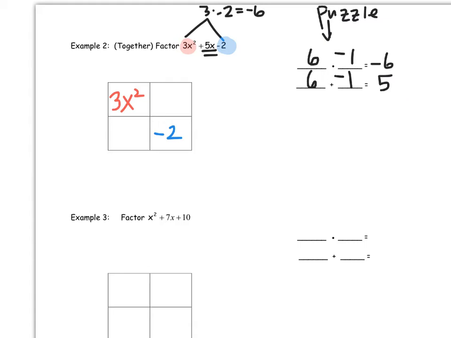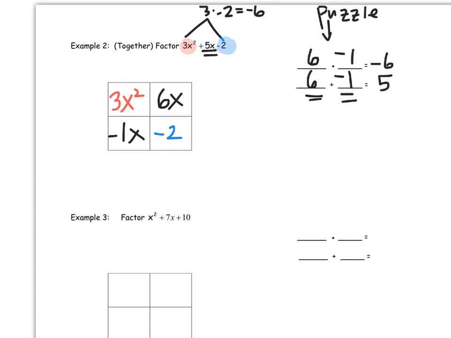So 6 times negative 1 is negative 6. 6 plus negative 1 is positive 5. All right, so these two numbers are mystery numbers. 6 and negative 1 go in the box. So I'm going to put it here, 6 and negative 1, and they both get an x, 6x and negative 1x. All right, now we just have to work backwards to fill out the outside.